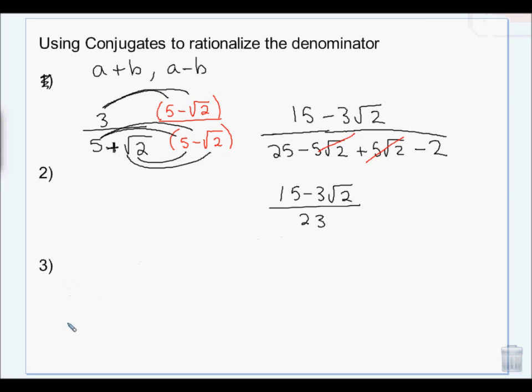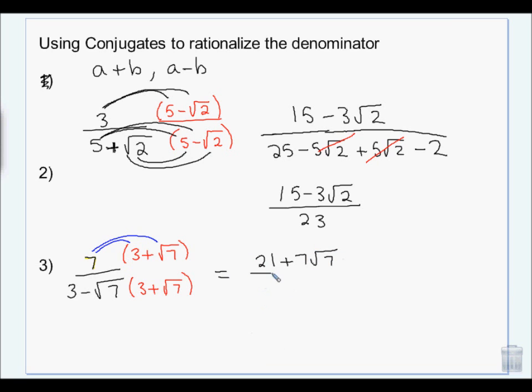All right, let's try 7 over 3 minus the square root of 7. So I'm going to multiply by 3 plus the square root of 7. I'm going to distribute my 7 in the numerator to get 21 plus 7 times the square root of 7.